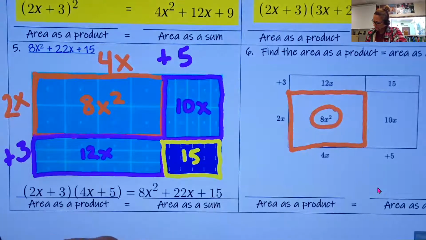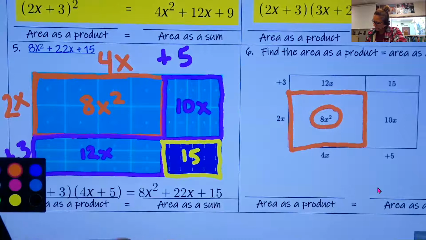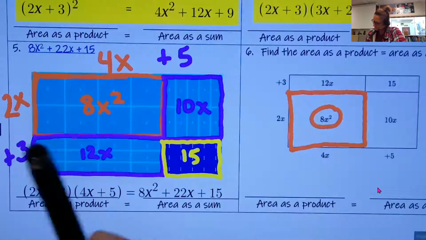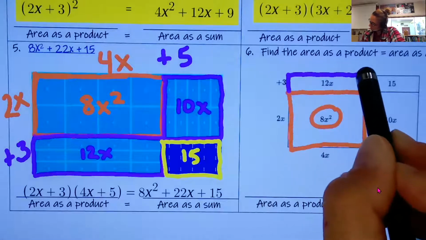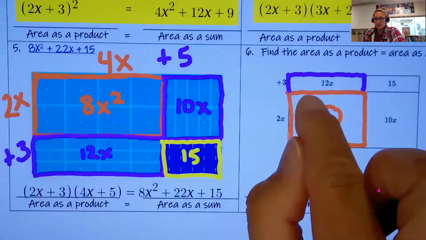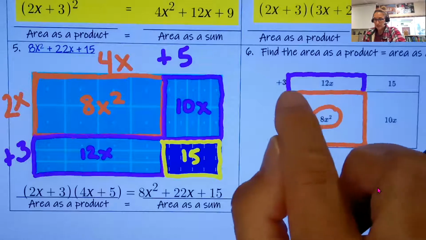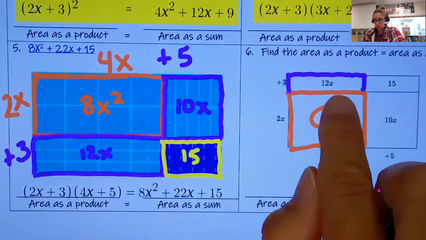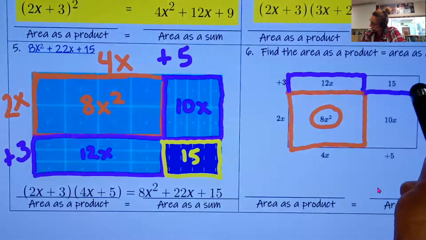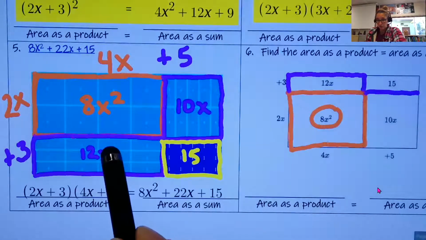Then I have these x's. Here I have 12x. It was 3 times the 4x that gave us 12x. And again, I have 12x right here.